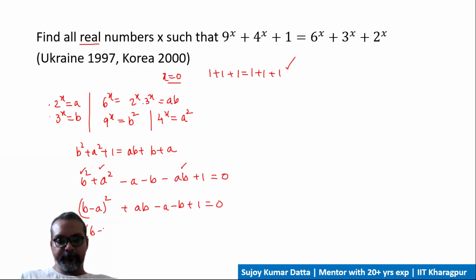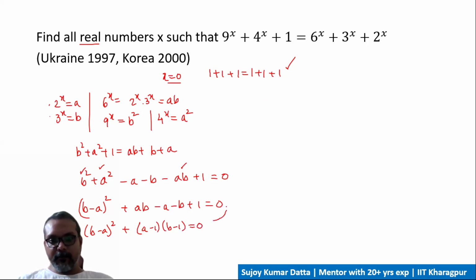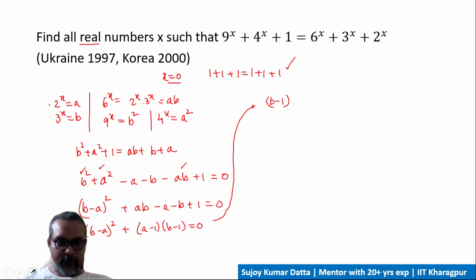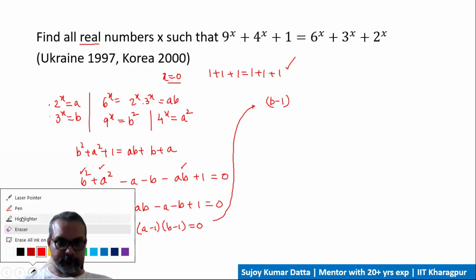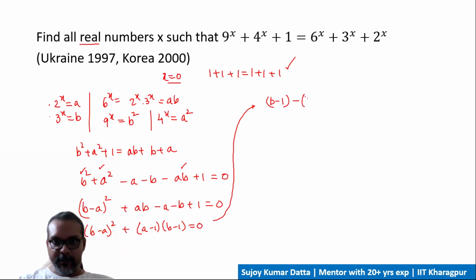So that can be factorized as (a minus 1) times (b minus 1). So now continuing here, this can be written as (b minus 1) whole squared, (b minus 1 minus a minus 1) whole squared.